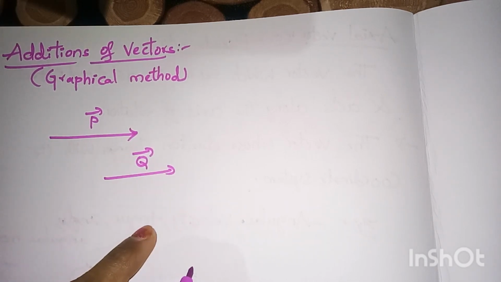First, suppose two vectors, that is p bar and q bar. Here you can observe that these vectors' directions are the same, but their magnitudes are different. So how can we add these vectors?